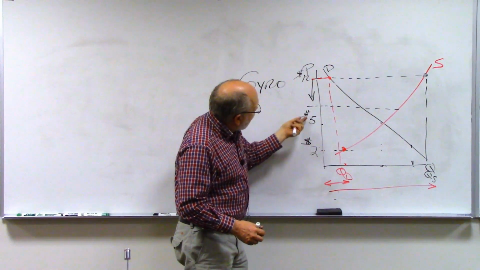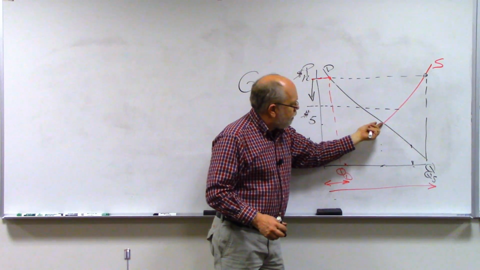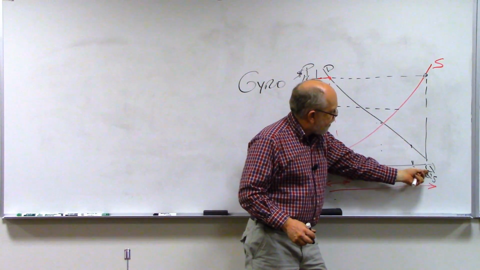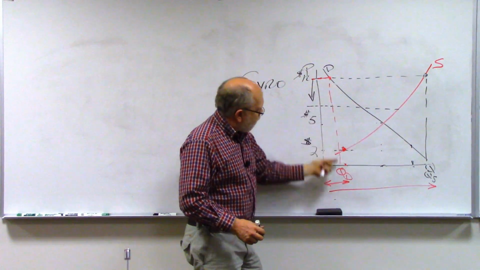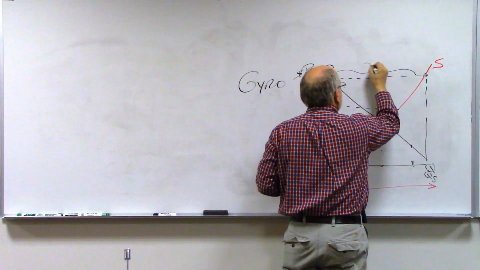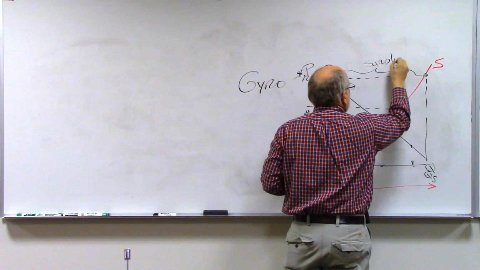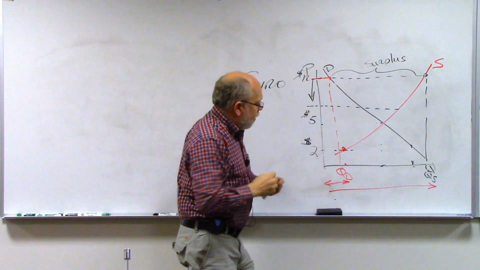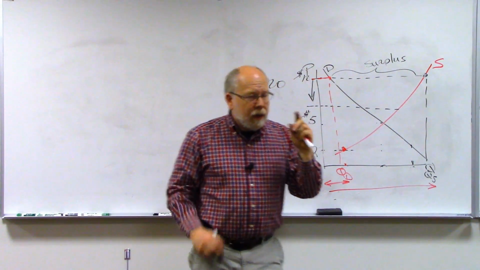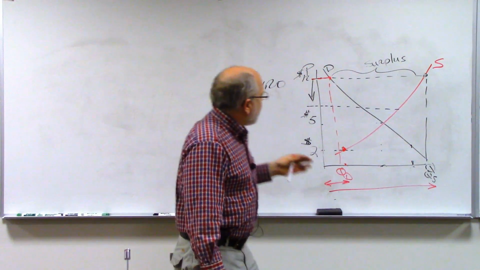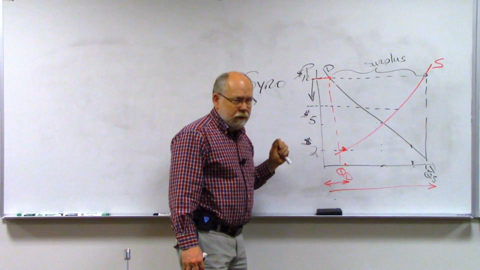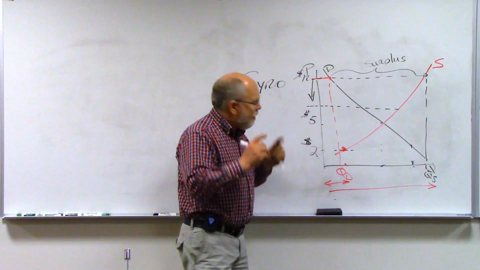Again, when the price is above the market equilibrium, the quantity supplied, whatever number this is, is greater than the quantity demanded, whatever this number is, and that difference between the quantity supplied and the quantity demanded is called a surplus. But don't forget this last part. It's a surplus at that price. It was a surplus at that price.